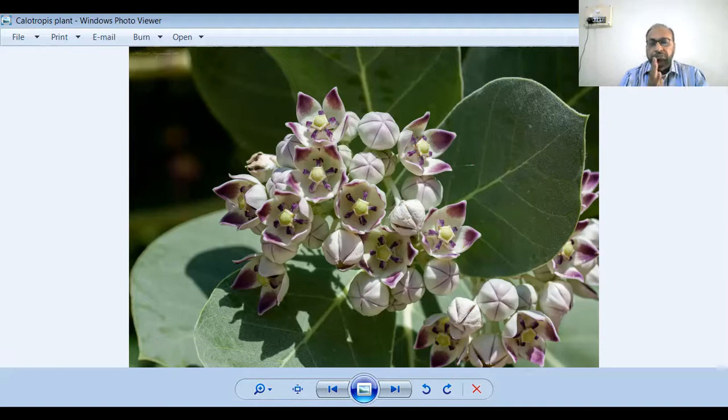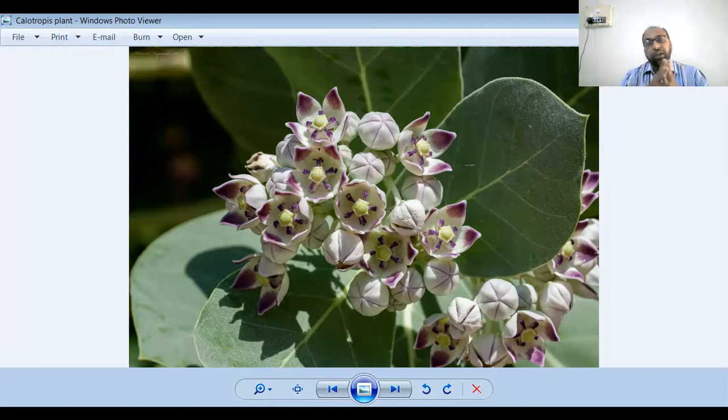So let us proceed to the vegetative characters of this one. If you remember, while we are describing a family, we are supposed to discuss the general characters, then its vegetative characters. In the vegetative characters, we are supposed to discuss the habit, root, stem, leaves, then floral characters: the inflorescence, flower, then calyx, corolla, androecium, gynoecium, fruit, pollination, then floral formula, floral diagram.